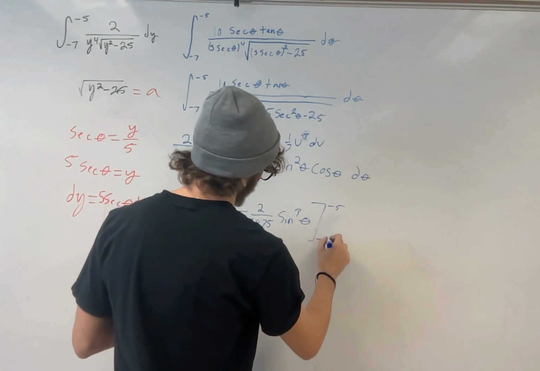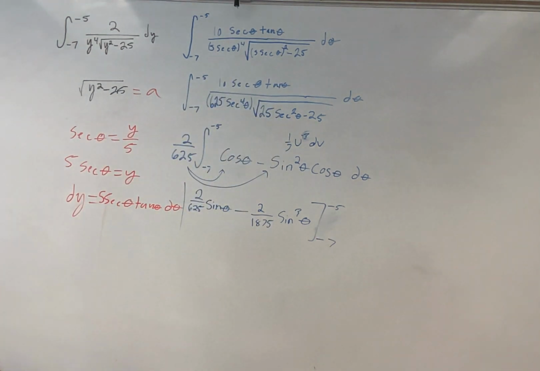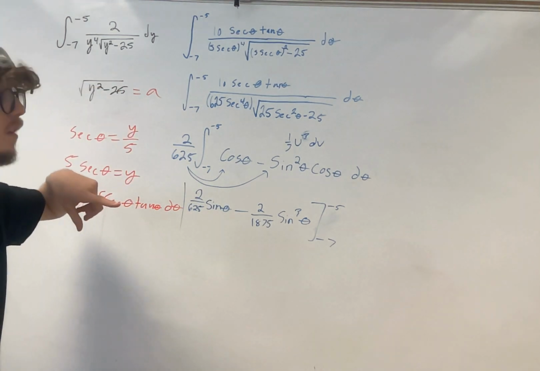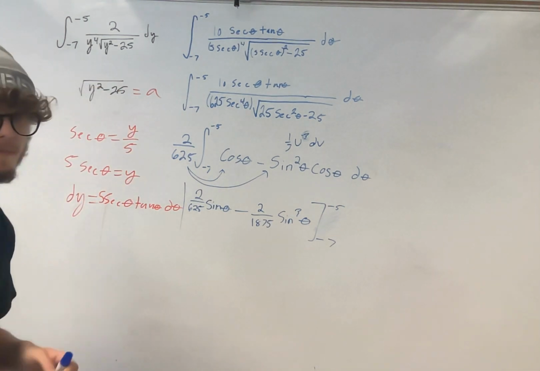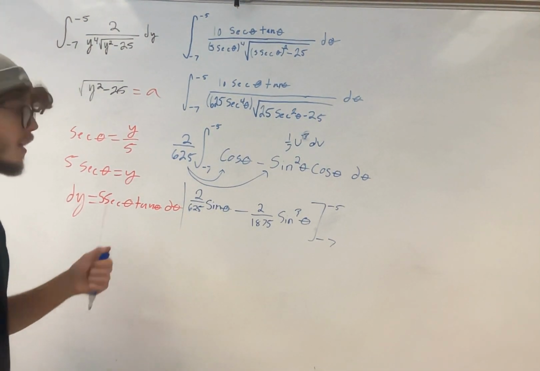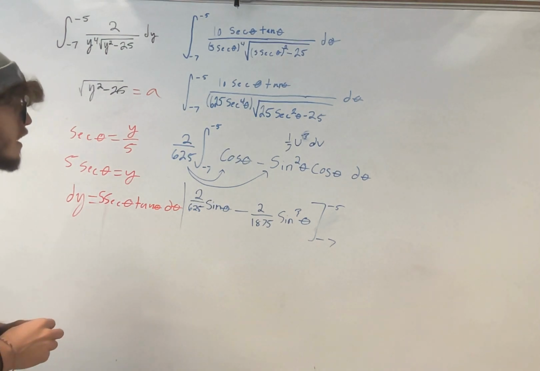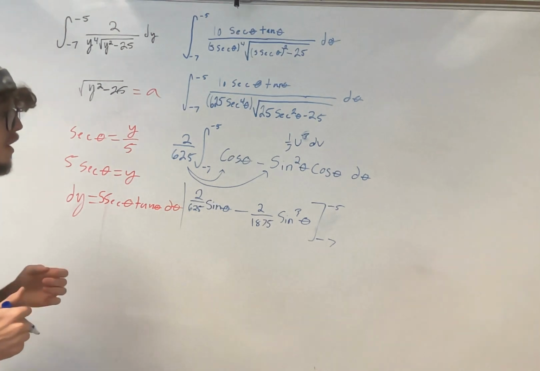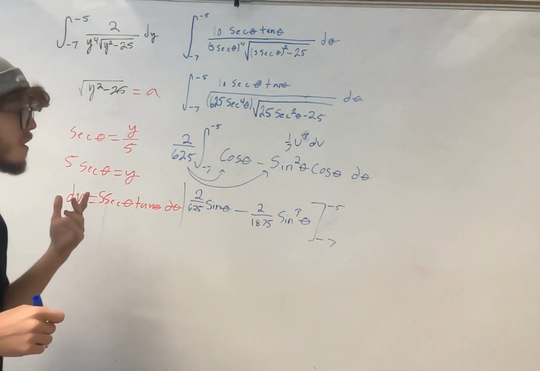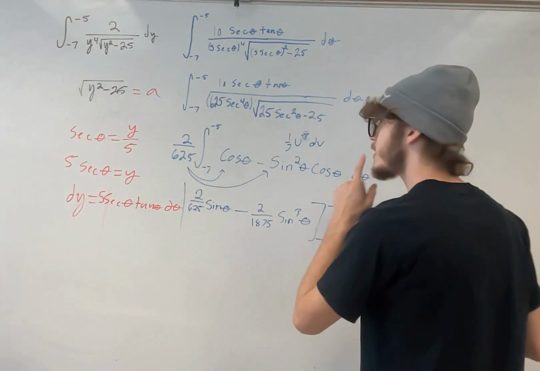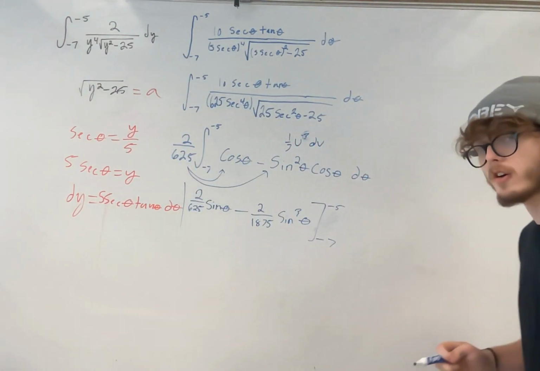Evaluated at -5, -7. Okay, so it's getting a little complex here, but what we're going to do to help evaluate at these x values, you could have solved for theta using the trigonometric relationship, or you could just simply find what sine of theta is and plug in the x values and then evaluate. So I'm going to go ahead and do it the long way for those who are doing it the long way.